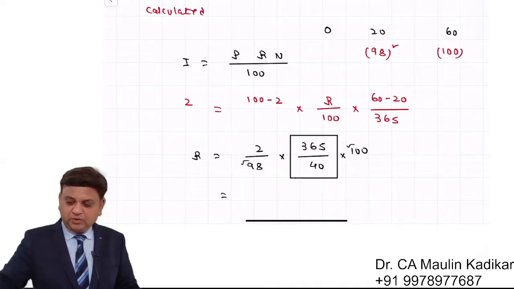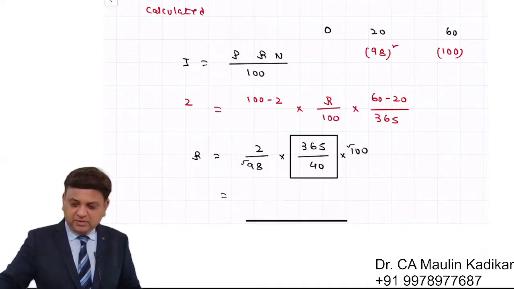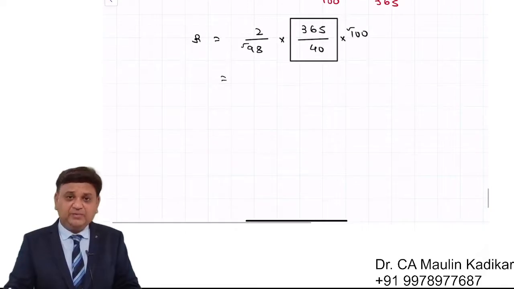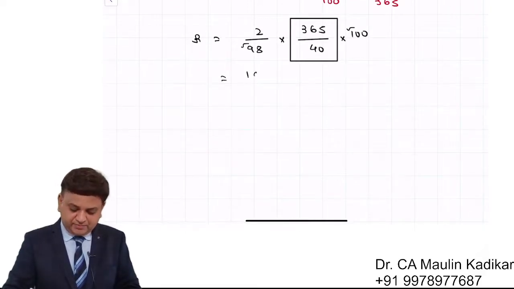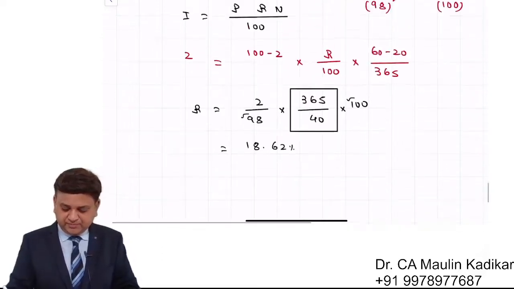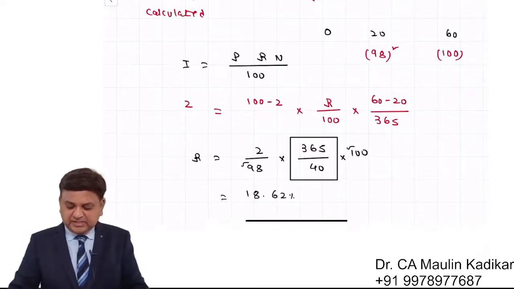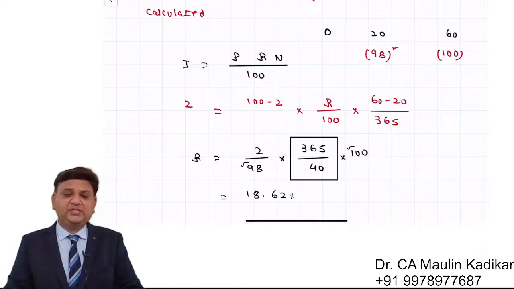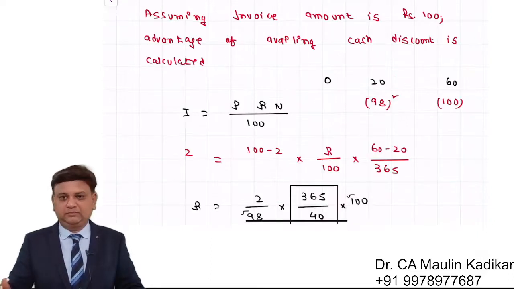So 2 into 365 into 100 upon 98 upon 40. That comes to 18.62 percentage.